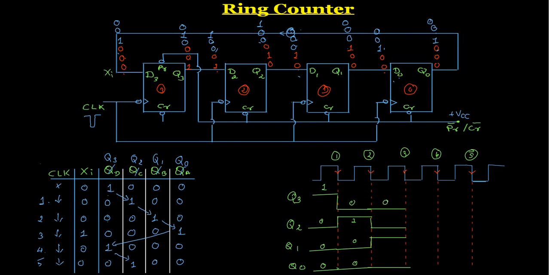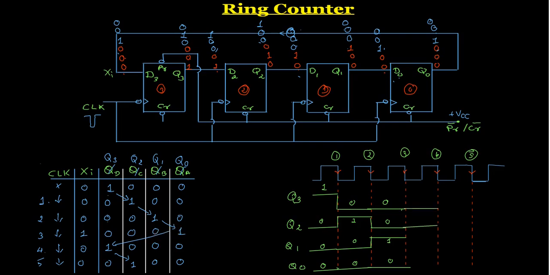So we write this 0, 0, 1, 0. Now at the third negative edge, here if you see Q3 is 0, Q2 is 0, Q1 is 0 and Q0 is 1.